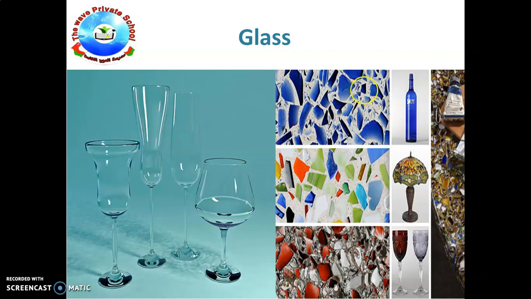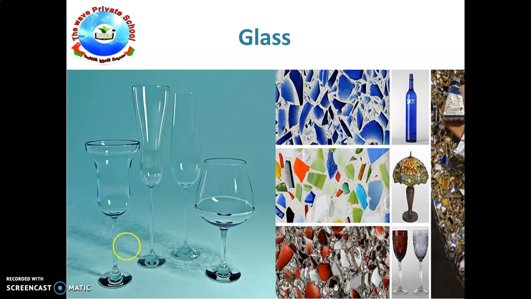In the recycling process, you can see here the roof surfaces and floor surfaces, it can be recycled into tiles like that, and also the decorative materials that we are using in our rooms. And glass is waterproof. It does not react with the food or drink inside the jars or bottles.